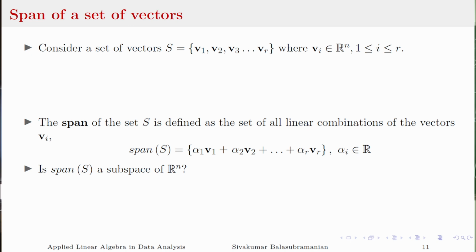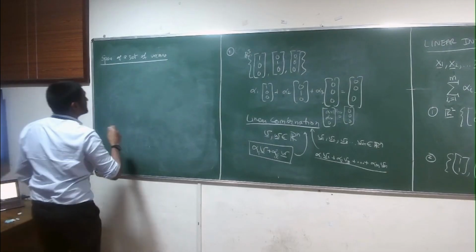The next idea is what is called the span of a set of vectors. The idea is very simple.